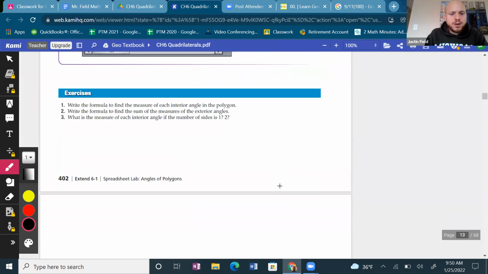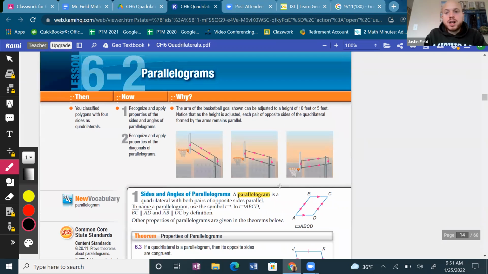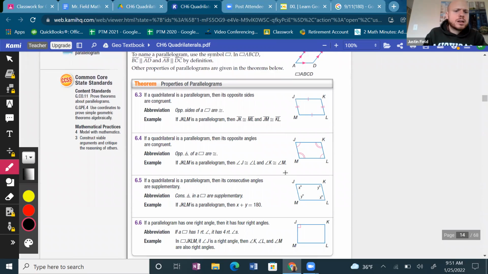Start out our parallelograms. Okay, so parallelograms are the first quadrilateral, and we will do the quadrilateral family diagram in class or maybe in the next video here. Yeah, but right now let's start out with writing down these properties of parallelograms.